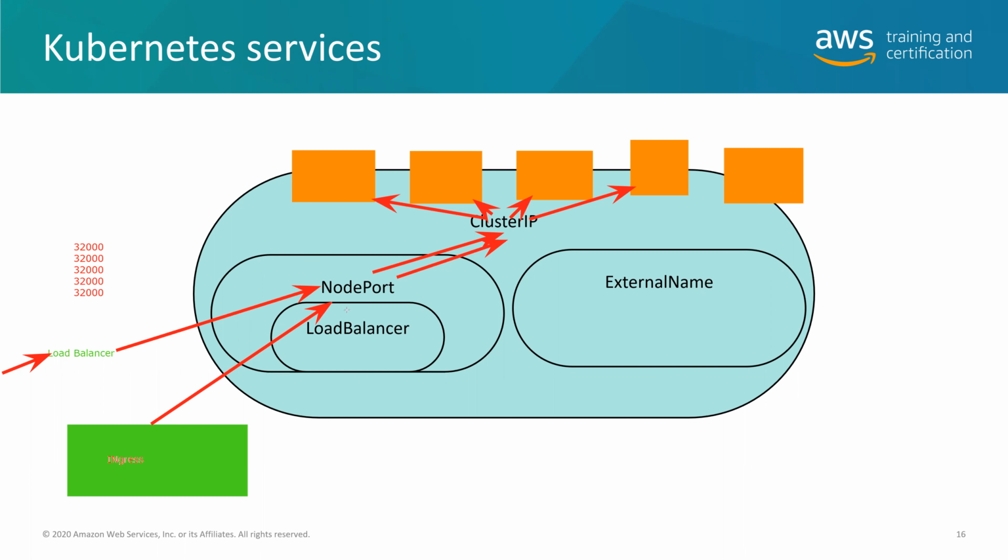So in all cases, at the very least, it's going to use node port and cluster IP to get in. Whether there's a load balancer provided by the cloud provider as a virtual appliance, or there's an ingress, that's discretionary. But you are going to use node port and cluster IP to get that traffic back to the pods.